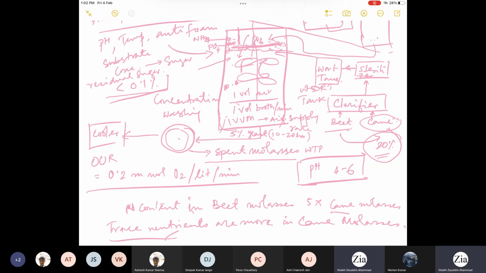Another reason for cell disruption is cell age. Whenever a cell attains its full age, it will have its natural death. Whenever it dies, the cell automatically gets disrupted and the inner material comes into the liquid. That's why we have the formation of foam, because of the presence of different proteins.